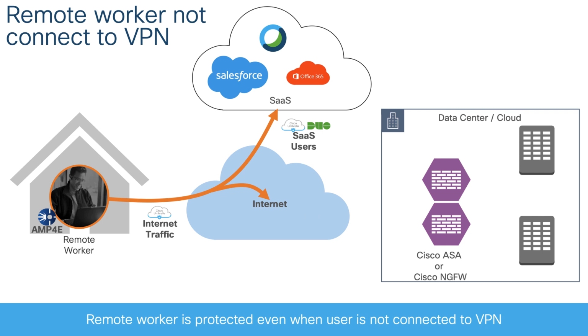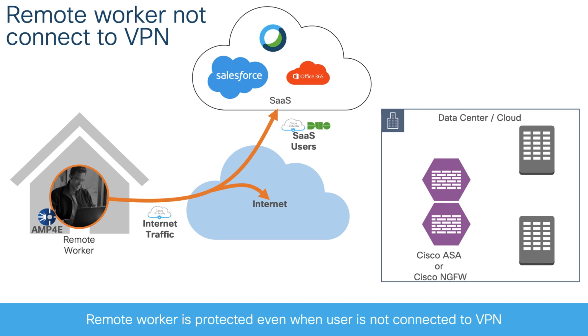If you are not connected to your data center, you are still secured because you have AMP for endpoint installed on it. You are being protected by Umbrella. Because you have those policies pushed down to your AnyConnect VPN mobility, and you have different modules which will make sure that your traffic will go to Umbrella.